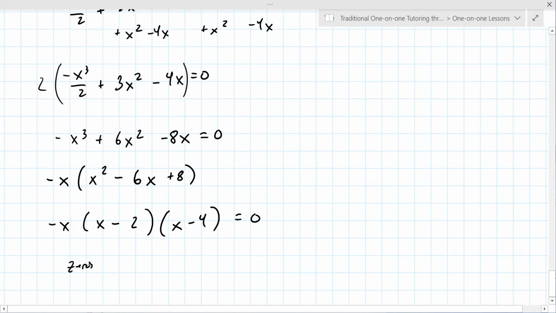So there are 3 zeros: 0, 2, and 4. Yes. Okay. So the graph really doesn't matter. We just know that there's going to be an integral from 0 to 2, and then an integral from 2 to 4.